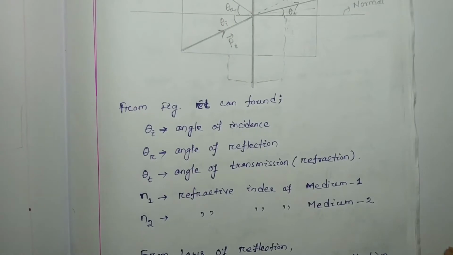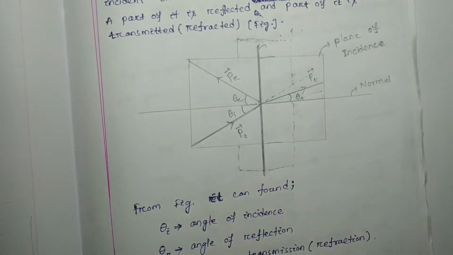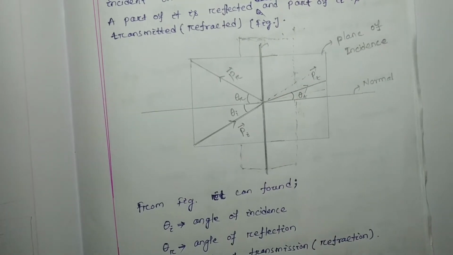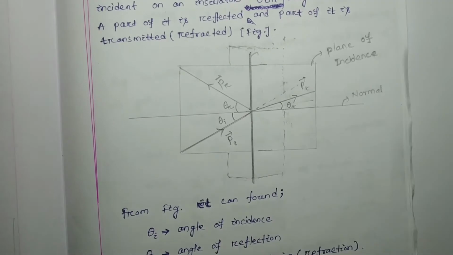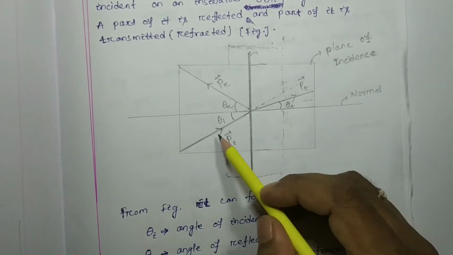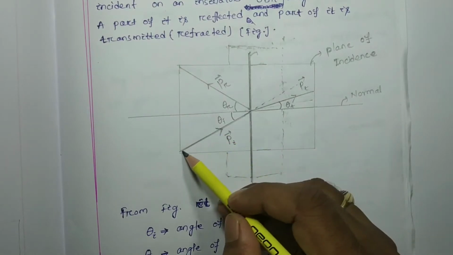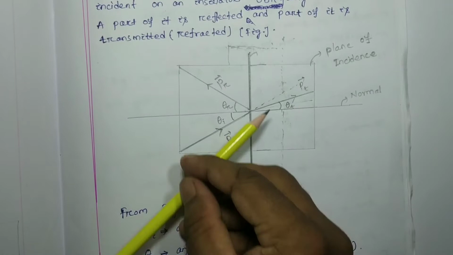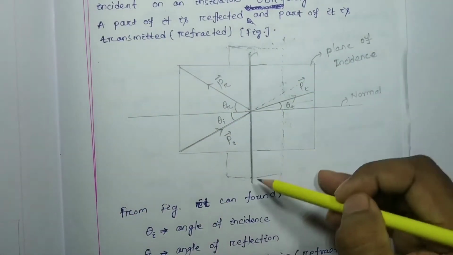In today's class, we are going to discuss what the reflection coefficient will be if the incident energy, or power, is incident obliquely on the interface.